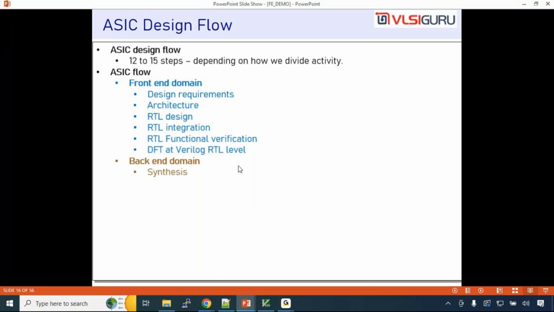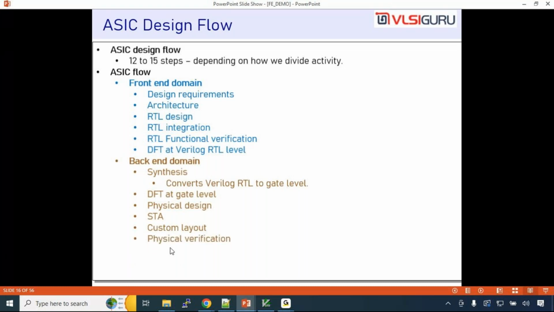Then starts the backend domain. Backend domain has synthesis, where you convert RTL code into gate level. Then DFT at the gate level, physical design. Then you have static timing analysis. Then you have custom layout.